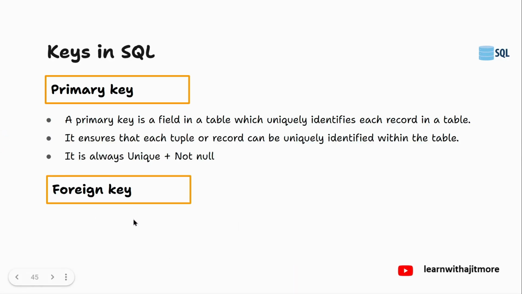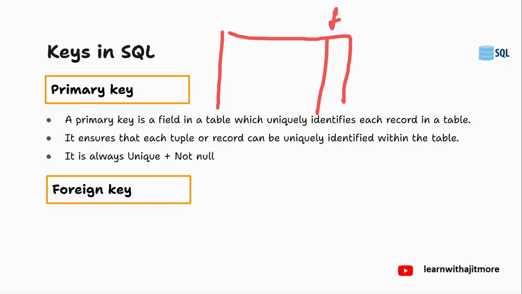Then coming to foreign key. Already I told you foreign key means a column in one table which is referring its value from the primary key of another table. So what is the foreign key? Foreign key is a column in one table, but the values in that column are taken from where?